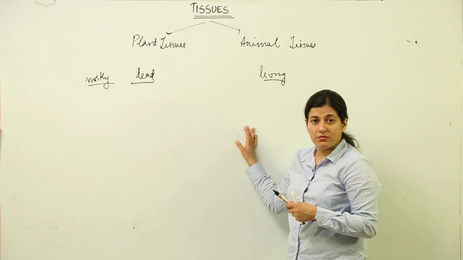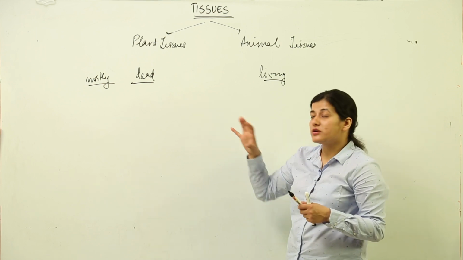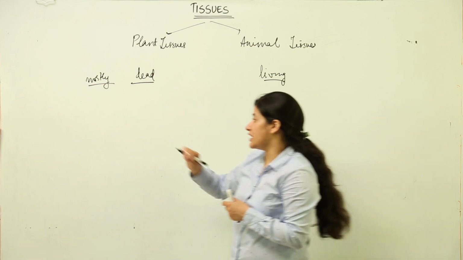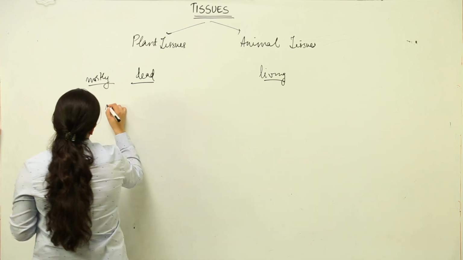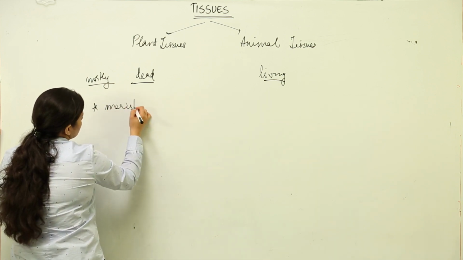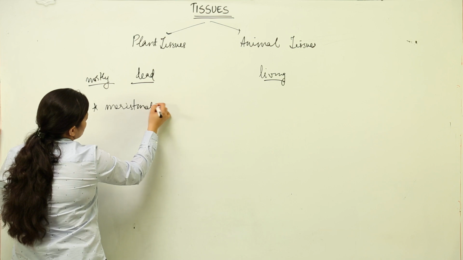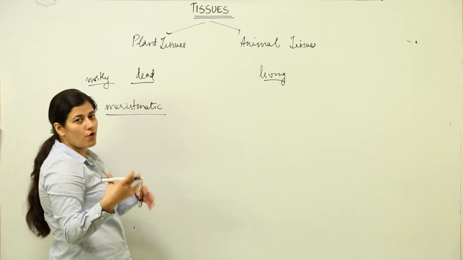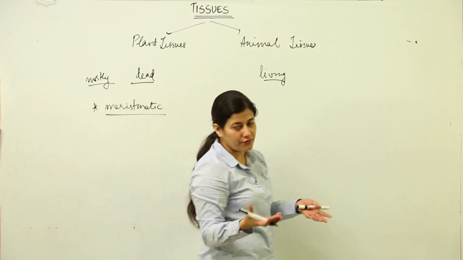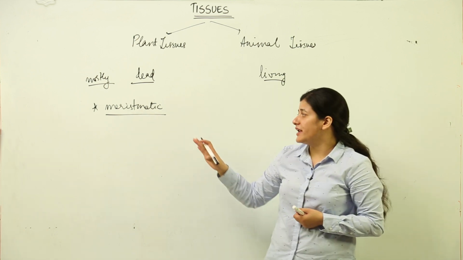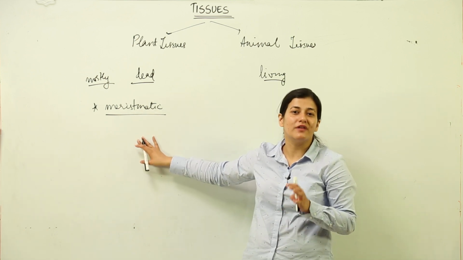And in the case of animals, that is not the case, because the plants have a specific type of tissue that is known as meristematic tissue. Now this meristematic tissue is responsible for dividing the entire life. It gives rise to new cells and it does not lose its ability to divide ever.